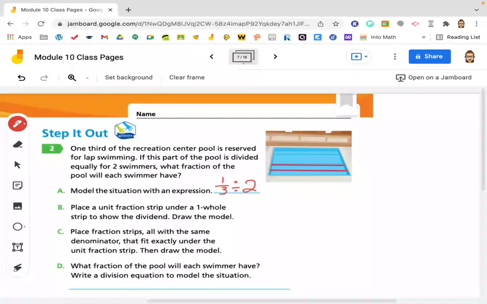So here we're going to use unit fraction strips. I'm just going to draw it out, but we have the whole. And it says place a unit fraction strip under a 1 whole strip to show the dividend. So my dividend is 1/3. So I'm going to place a 1/3 here.